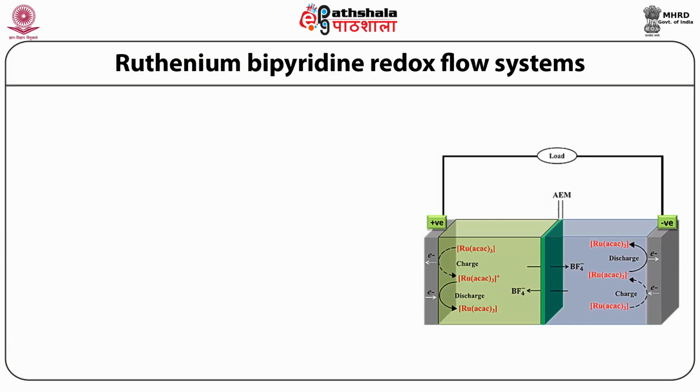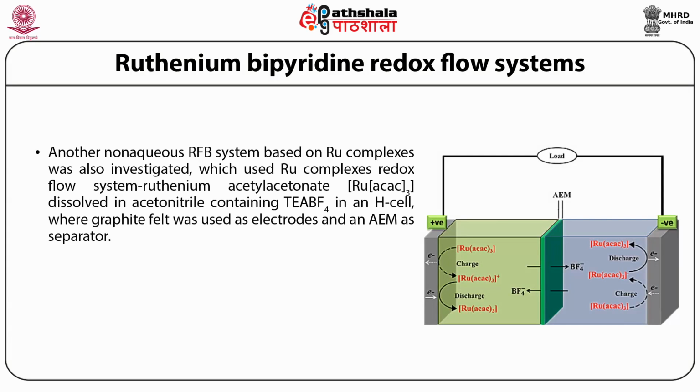Ruthenium acetylacetonate redox flow systems. Another non-aqueous RFB system based on Ru complexes was also investigated, which used ruthenium acetylacetonate, Ru(acac)3, dissolved in acetonitrile containing TEABF4 in an H cell, where graphite felt was used as electrodes and an AEM as separator.